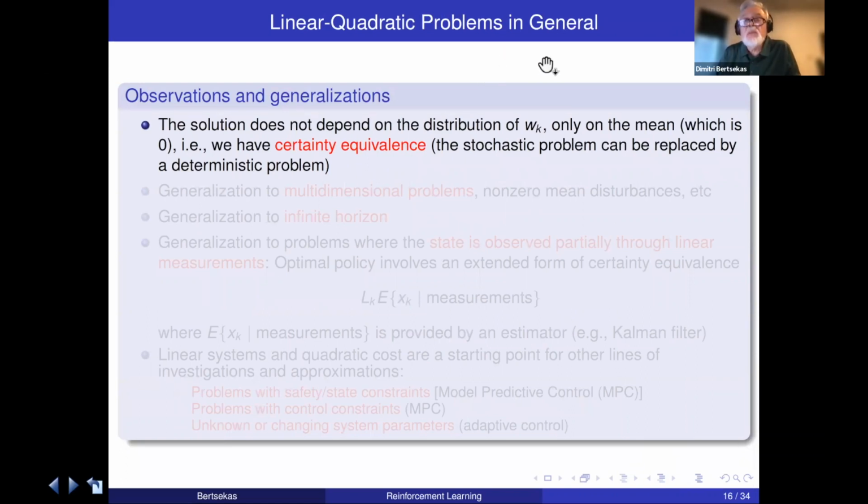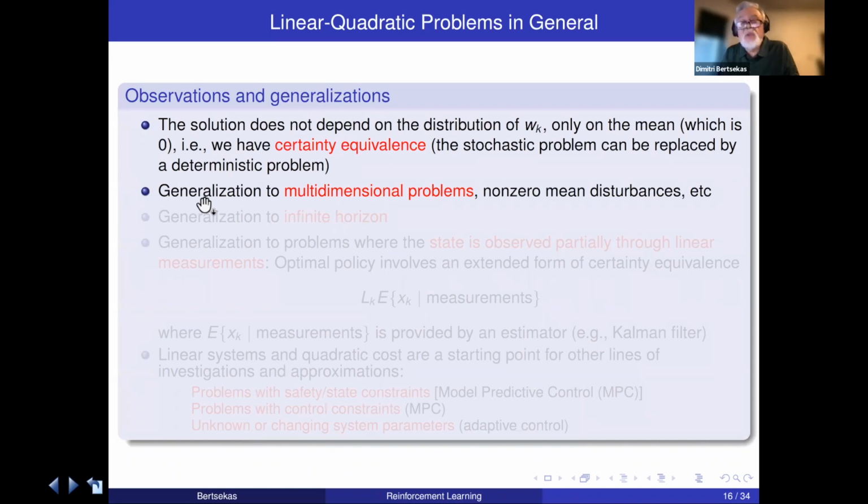So let's make some comments about linear quadratic problems in general. The first one relates to certainty equivalence. The solution does not depend on the distribution of wk, only on the mean of wk, which is 0 in the previous calculation. And the effect of this is that the stochastic problem can be replaced by a deterministic problem, an idea that's going to be useful in more general problems in the reinforcement learning context.